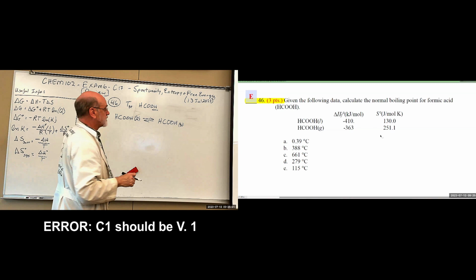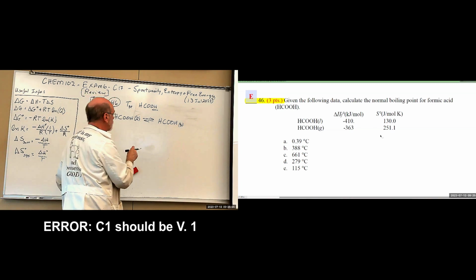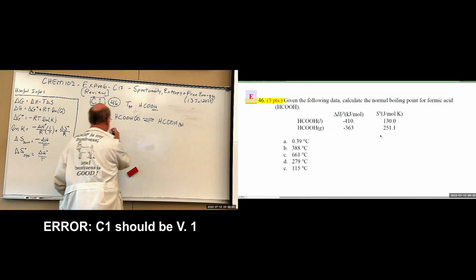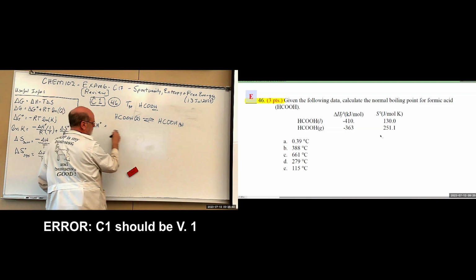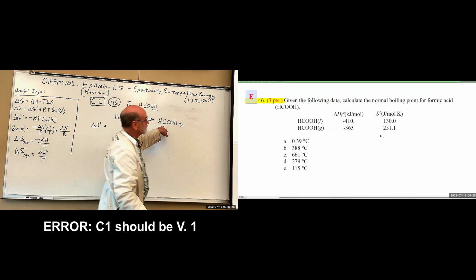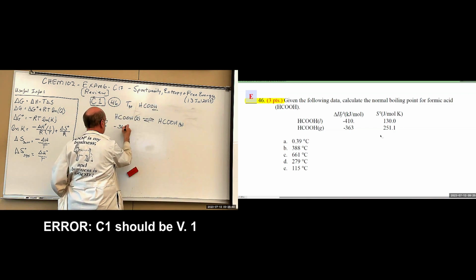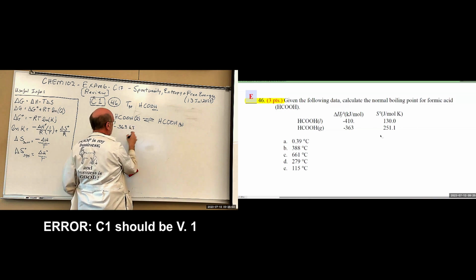Okay. So the delta H for this situation would be what? It would be delta H for that minus delta H for this. So for the gas is minus 363 kilojoules per mole, and there's only 1 mole of each.